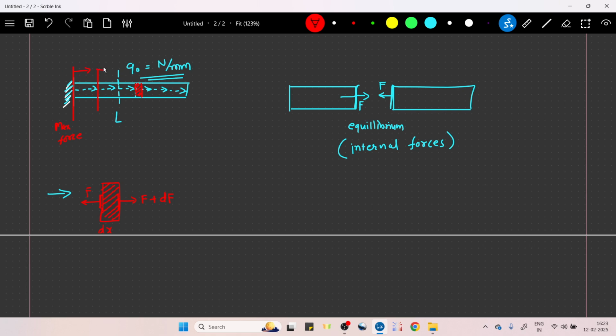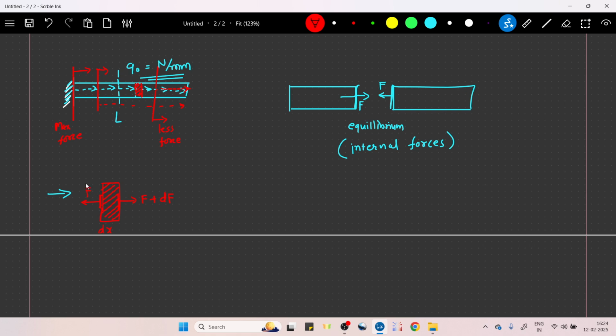And that force will be experienced from these particular forces. And similarly, if I take this section, it will have even less force.